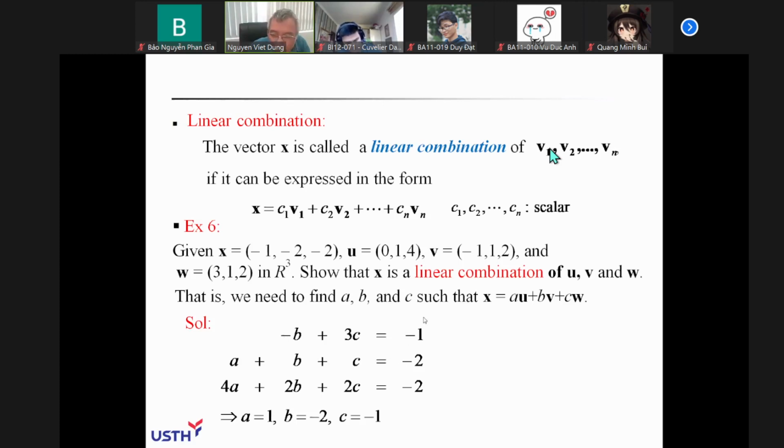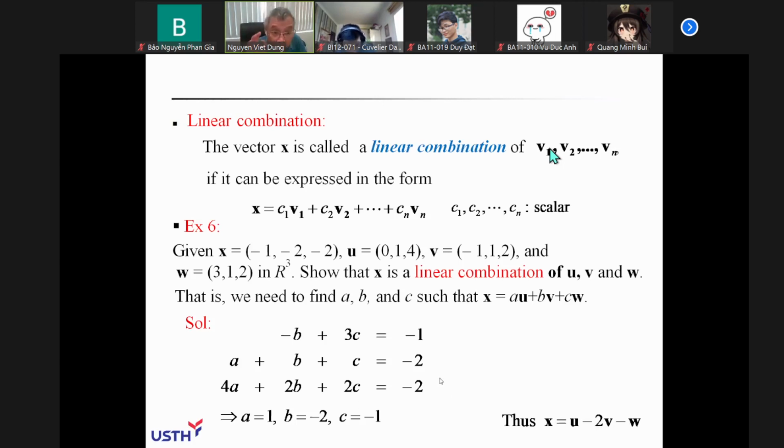And the last equation is 4a plus 2b plus 2c equals minus 2. And such a system of linear equations, I believe it is very easy for you to solve. You get the solution a equals 1, b equals minus 2, and c equals minus 1. It means that x equals u minus 2v minus w. Or you can say x is a linear combination of u, v, and w.